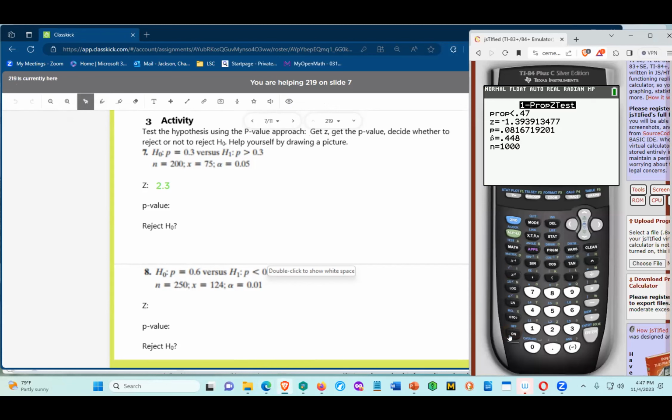For 8. If you've got an eye on Zoom, Jocelyn, you can see I'm doing it also because I don't have an answer key, so I'm making sure what you're putting is right.